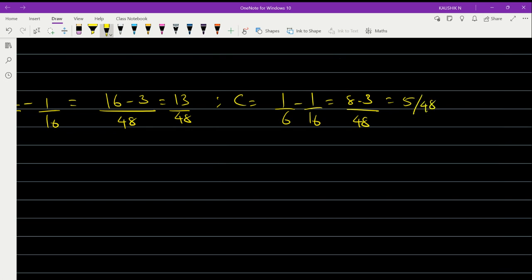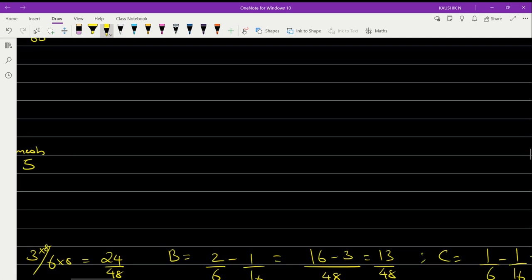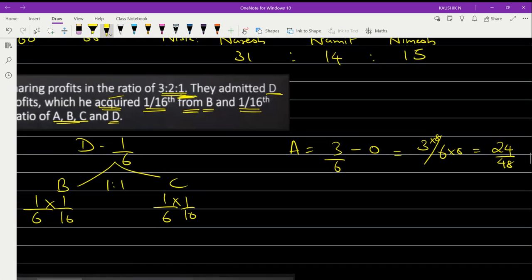And then for D, what is the share that you are offering him? If you see in the question, it is 1 by 6. So if you want to convert 1 by 6 to 48, it should be multiplied by 8, so 8 by 48. Okay, so this will be the new profit sharing ratio: 24 is to 13 is to 5 is to... Just a minute, 6 into 8.